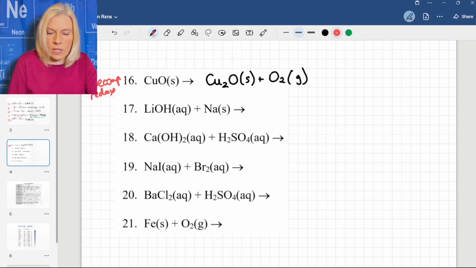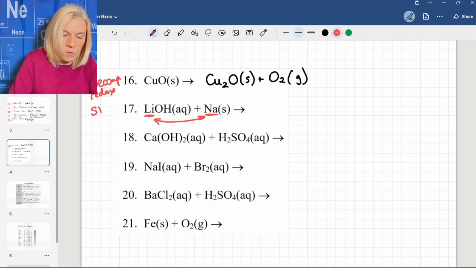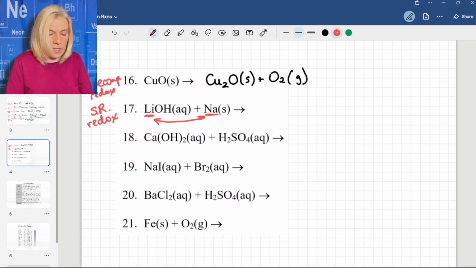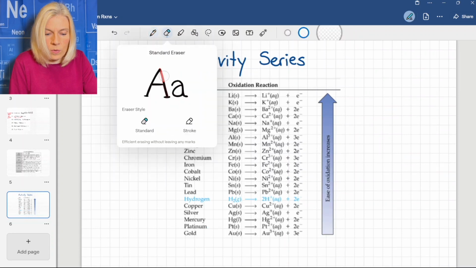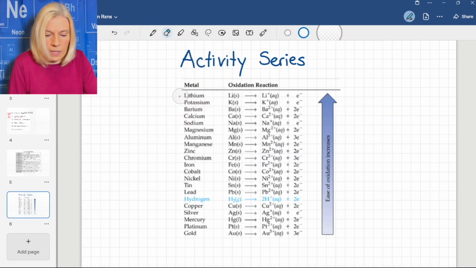Let's go here. Oh, this looks like we have lithium, ionic compound, sodium by themselves. Maybe they can switch places. So this looks like single replacement, redox. Let's look. Well, I look, and lithium is on top. Lithium wants to be ionic.